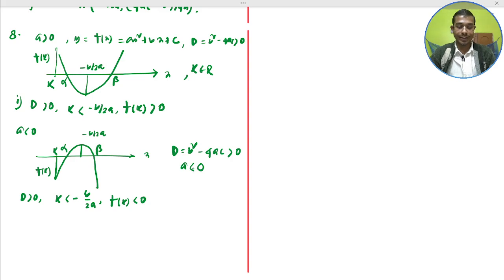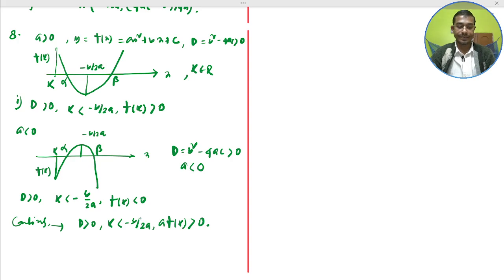Combining the above two conditions, we get D greater than 0, k less than minus b by 2a, and a f(k) greater than 0.